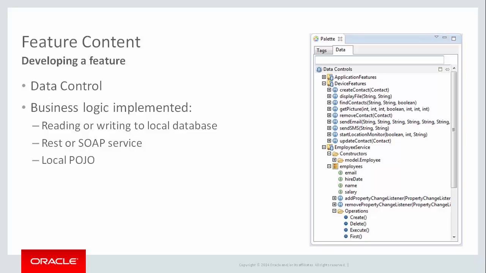One thing that Oracle MAF provides is the ability to have a layer of abstraction across all of these business services. So you as the page developer aren't burdened with the finer details of the implementation. This layer of abstraction is referred to as data controls.